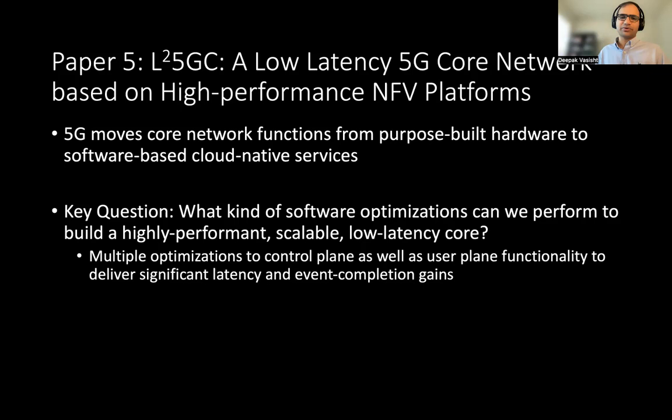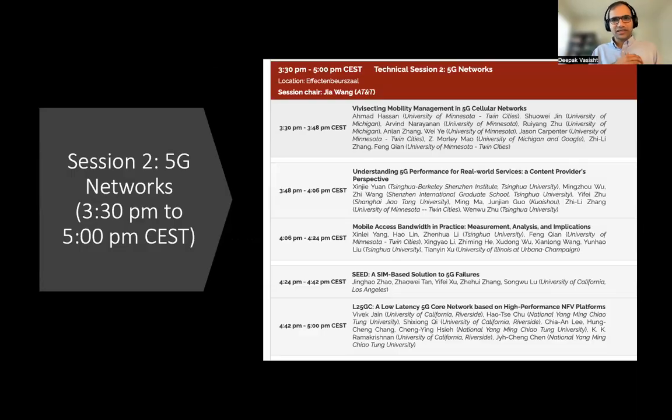And the key question for this paper is what kind of software optimizations can we perform to build a highly performant, scalable, low latency core? And this paper has multiple optimizations, both to the control plane and the user plane functionality to deliver significant latency gains for 5G core.